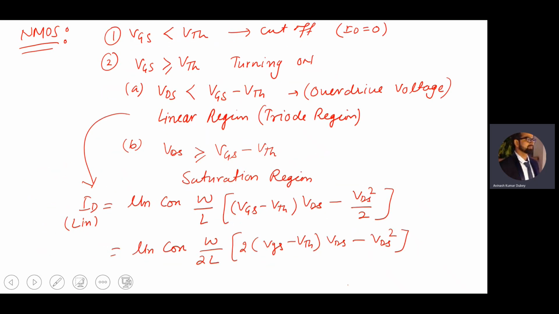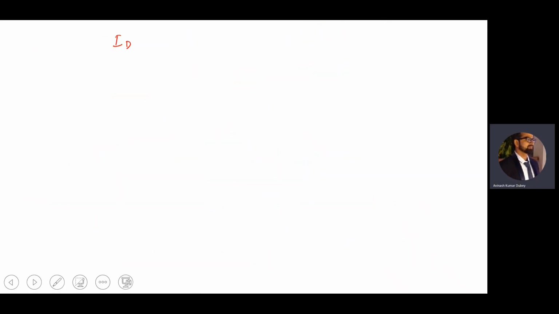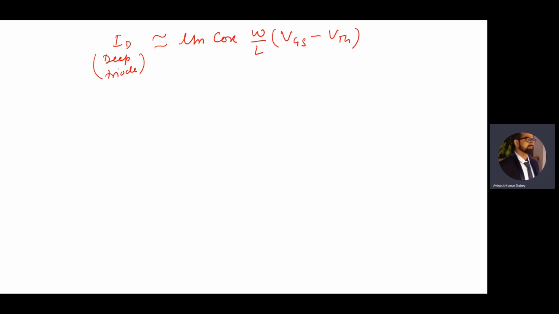If VDS is very small compared to twice VGS minus VTH, then going to this equation, VDS square will be negligible, so only the remaining term stays. ID in the deep triode region can be written as mu1 COX W by L, the 2 and 2 cancel out, then VGS minus VTH into VDS.